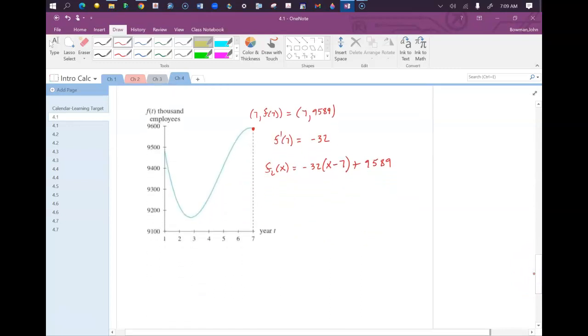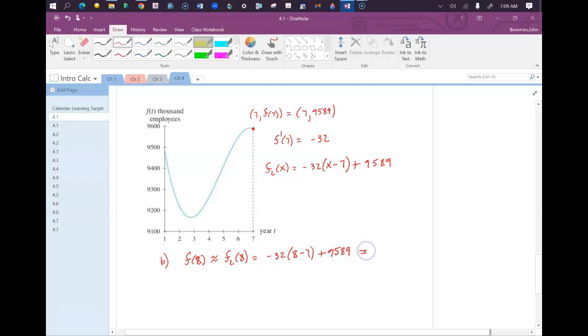All right, now in part B, we want to estimate the value of f of 8 and f of 9. So let's back up here. F of 8, the actual value of the function, is approximately equal to FL of 8, which turns out to be negative 32 times 8 minus 7 plus 9,589.